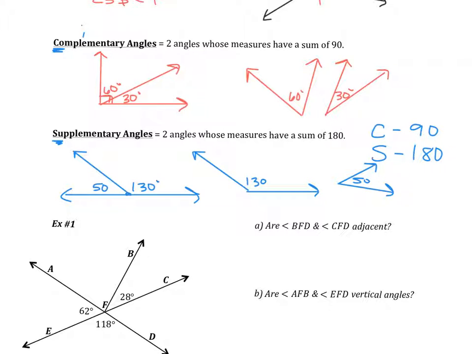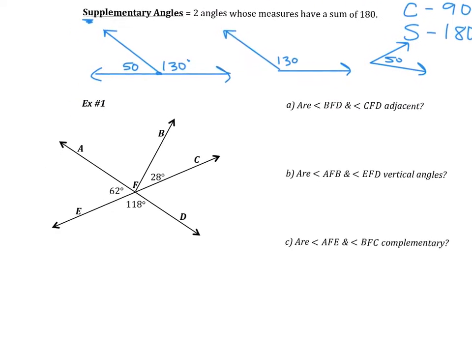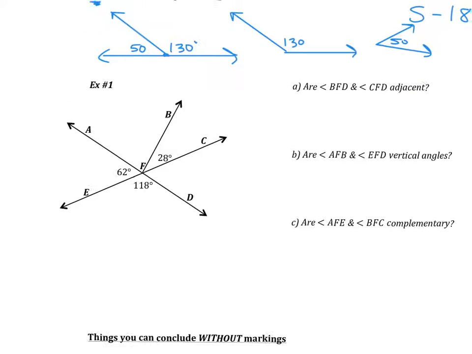Okay, that's it for definitions for a little bit here. Let's look at this example. Using the terms that we just came up with, if you are given this picture, I want to know about angle BFD, so find B, find F, find D, and angle CFD. Are those adjacent angles? BFD and CFD.